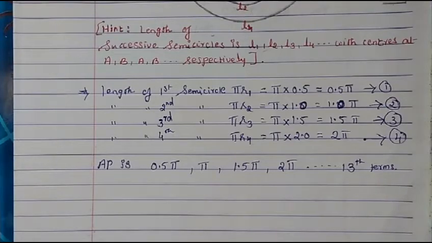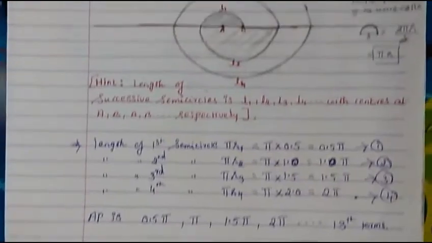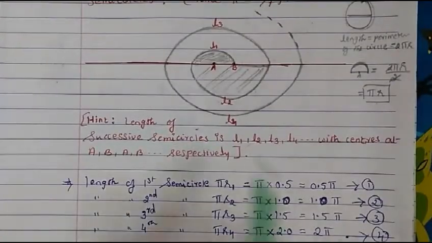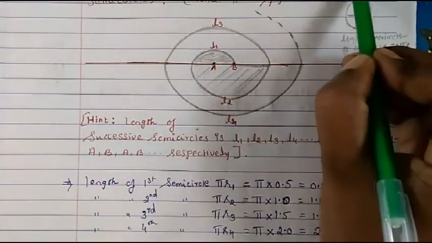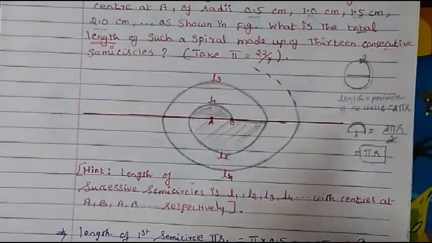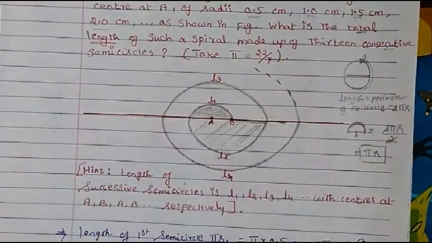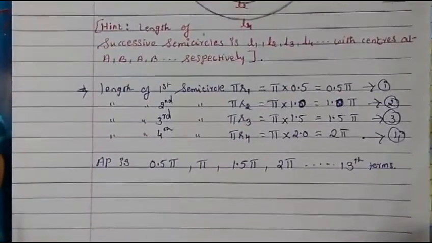So now let's put the formula, because they are asking us the length of such a spiral. Total length they are asking. So which formula do we have to write? We have to write down the Sn formula.